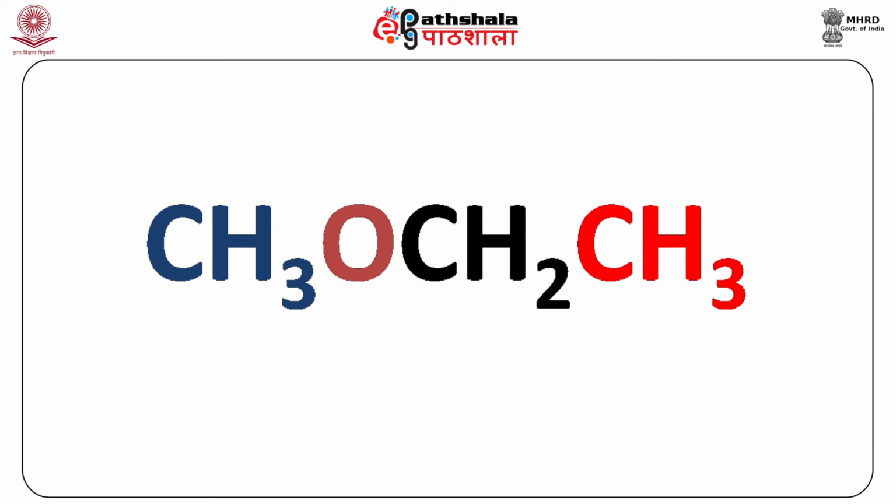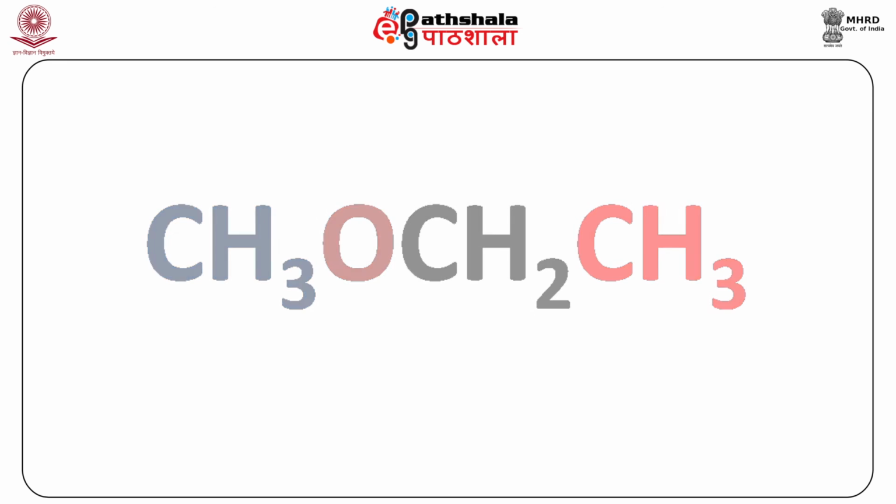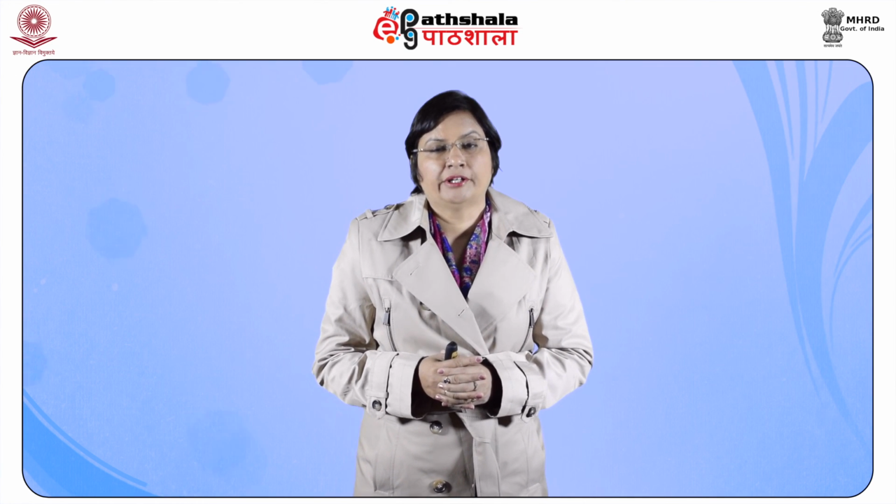And for the OCH2CH3, we will expect a quartet for the methylene group and a triplet in the ratio 1:2:1 for the methyl group. The total intensities for the 3 signals will be in the ratio of 3:2:3, corresponding to the number of hydrogens in them.